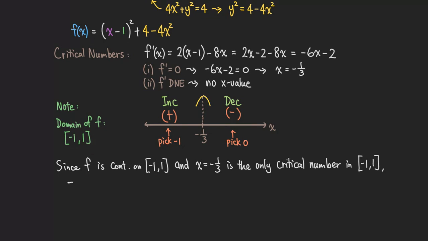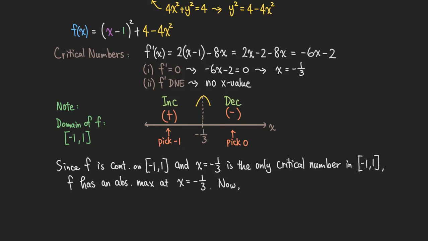Then we say that f has an absolute maximum at x equals, what is that? That's negative 1 over 3. Yeah, so we show that that will give you the maximum.